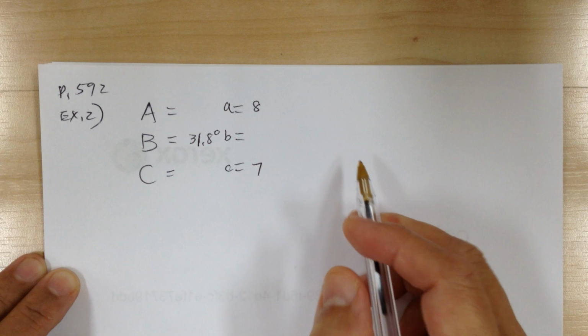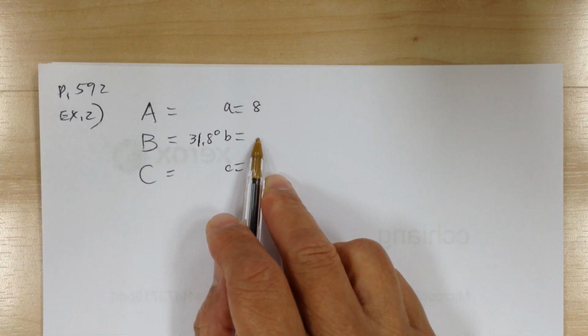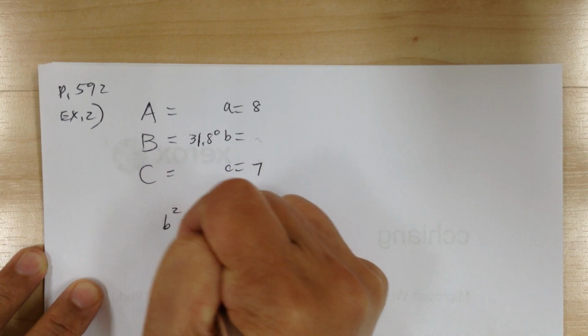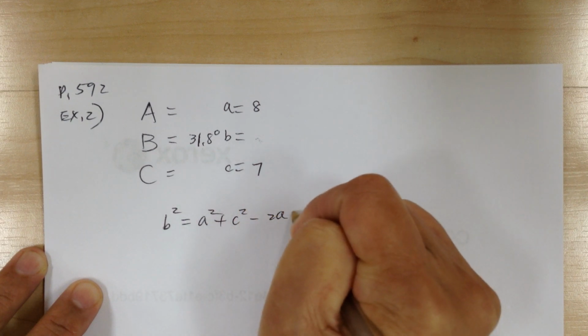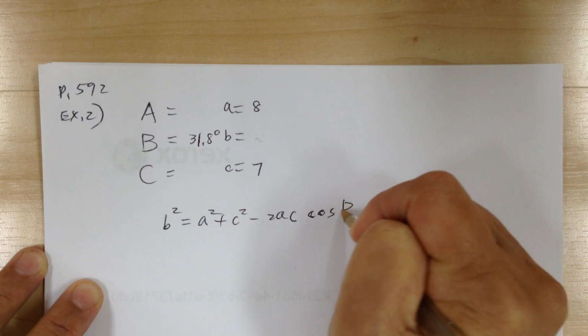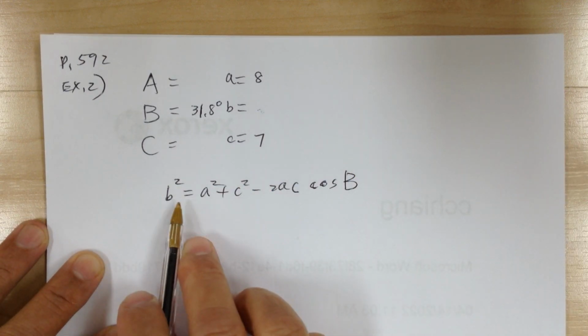So you want to use the law of cosine. And since you're using the law of cosine, since this is missing, you want to use the B version, so you have to find b. So you're going to use b squared equals a squared plus c squared minus 2ac cosine of B. Again, whatever angle is given, that's the version you want to use.